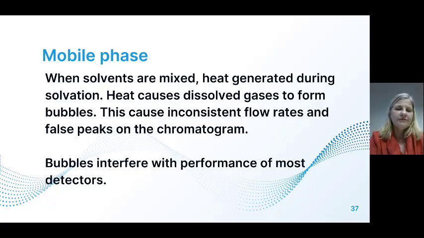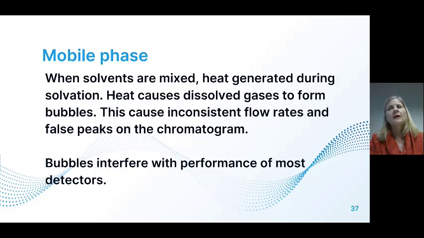So the first step, whenever you prepare your mobile phase, is that normally you would prepare a water phase and a more non-polar phase, say for example acetonitrile, and then when you have your gradient, you mix these two solvents.